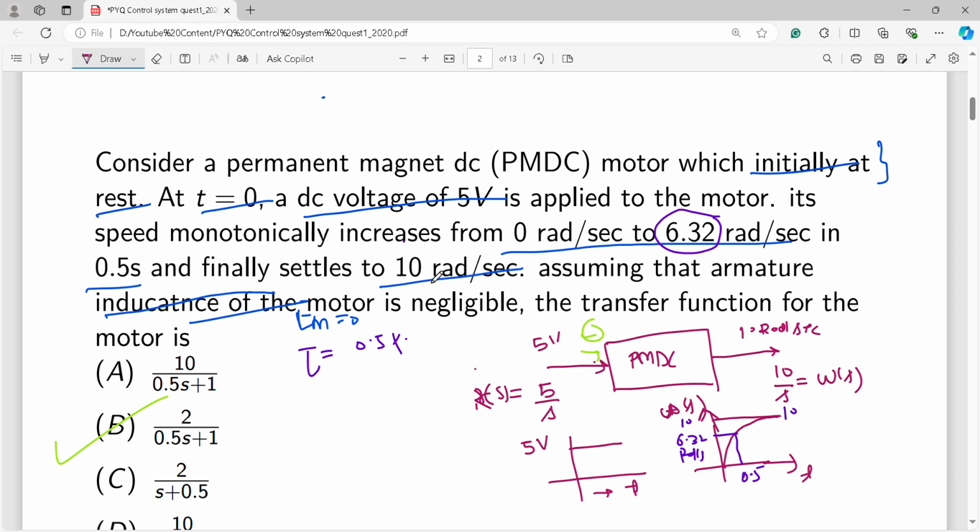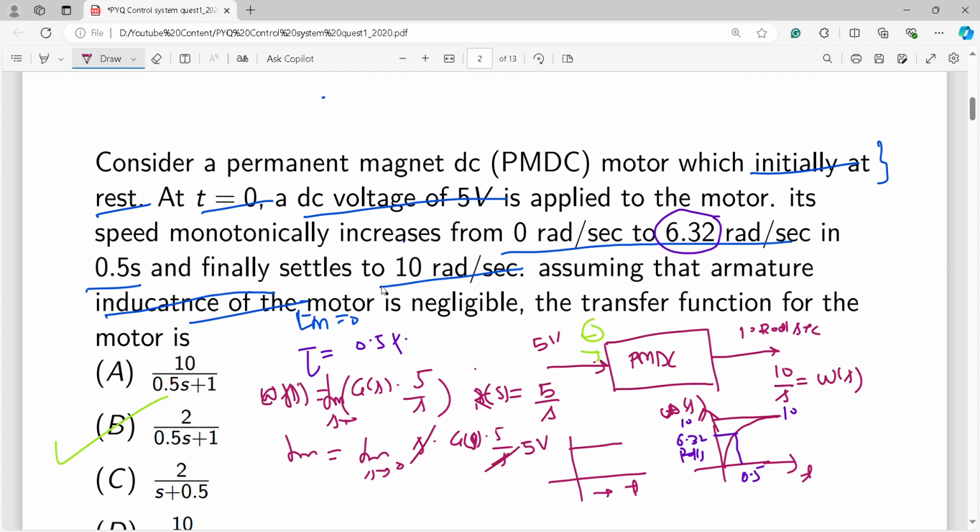Otherwise, if you know the final value, they have given 10 radian per second, so you can just find the output, I mean the speed. The speed comes as G(s) into 5 by s, and for the final value we apply limit s tends to 0 of s into G(s) into 5 by s.